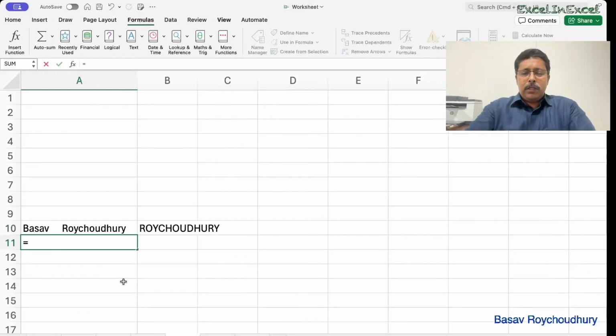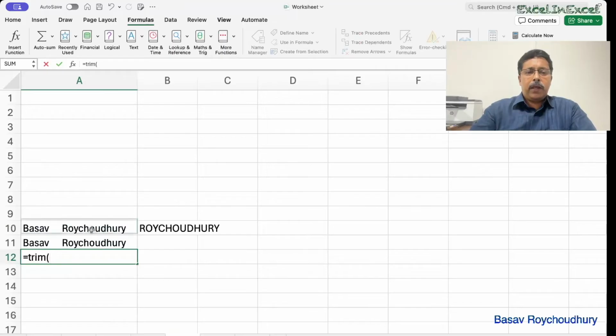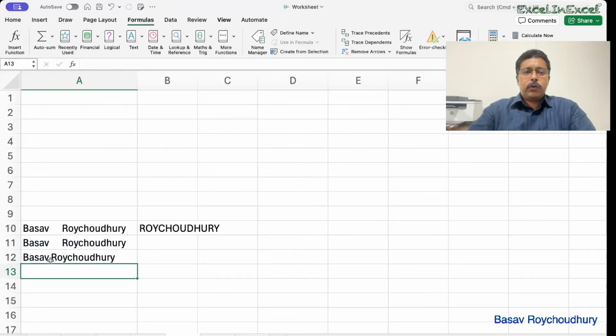So let's clean this. CLEAN of course removes only the non-printing characters, and then let us trim it, assuming there were non-printing characters, I don't know which could have been there. After I have removed them, let me also remove all the additional spaces. As we can see, the additional spaces have gone.